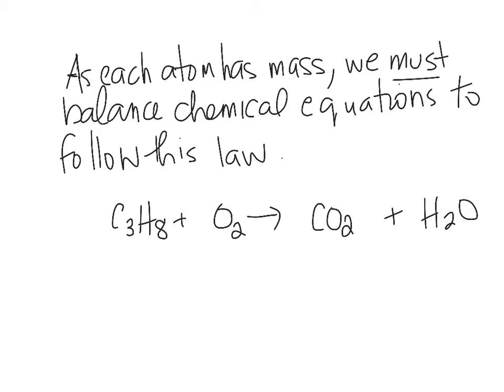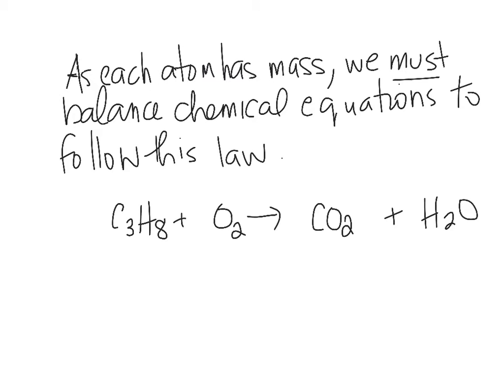They should be the last two elements that you ever balance with. And depending on which one is by itself, if you've got H2 or O2, that is definitely the very last element you're going to balance, because it's going to be the easiest one to balance if it's just by itself.